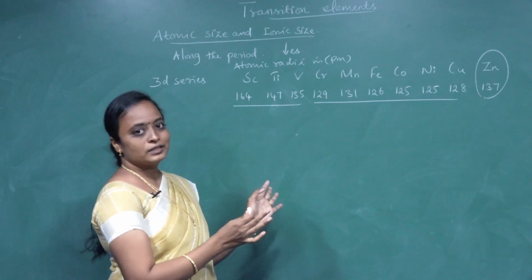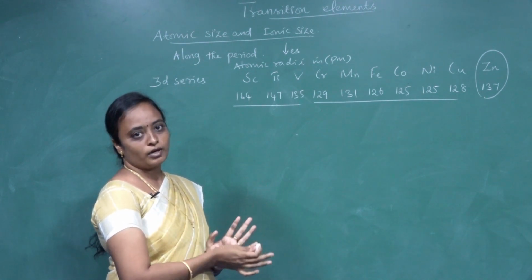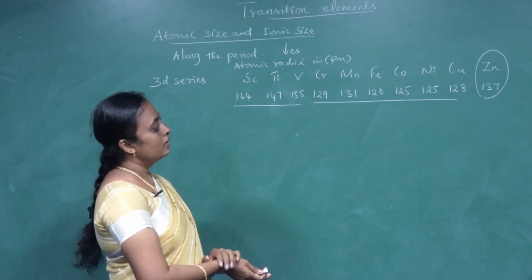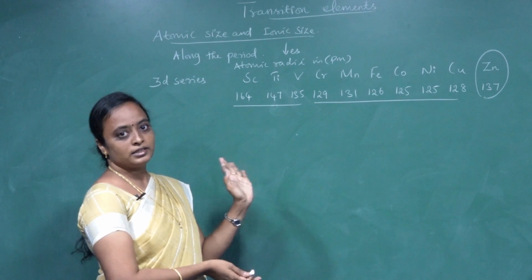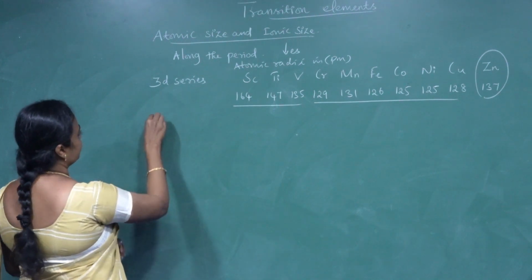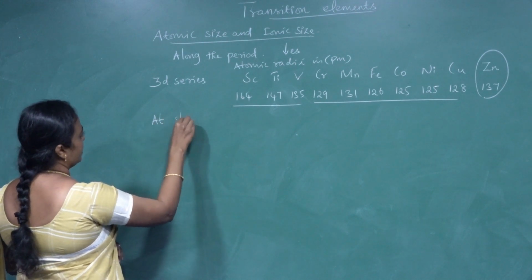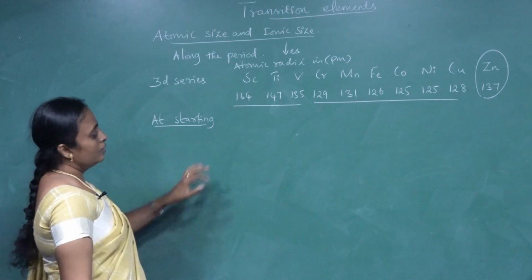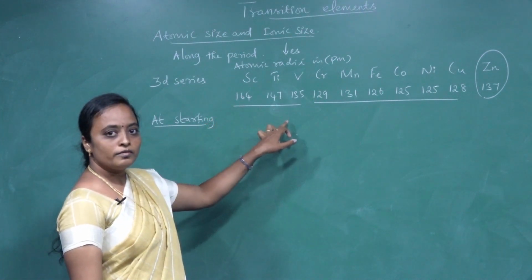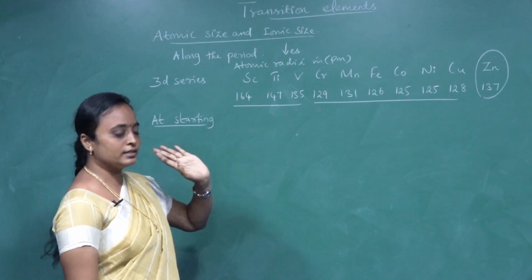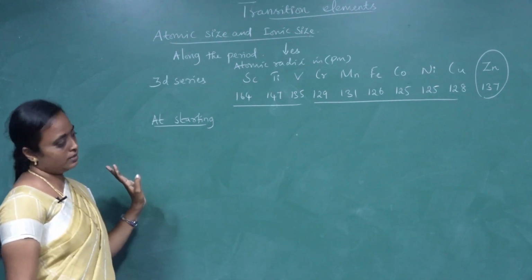Now we are going to discuss the reason for the irregular decrease in atomic radii in the 3d series. First, starting from scandium to vanadium, the atomic radii gradually decrease. What is the reason for that?